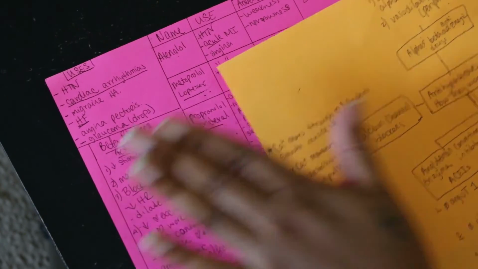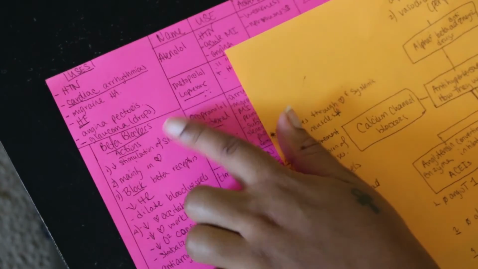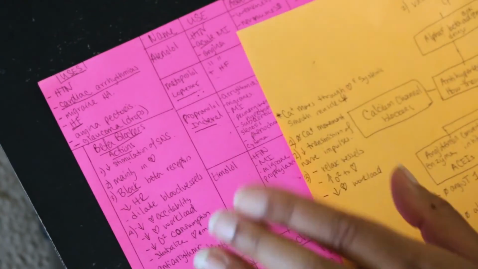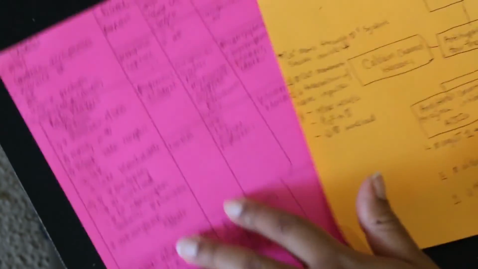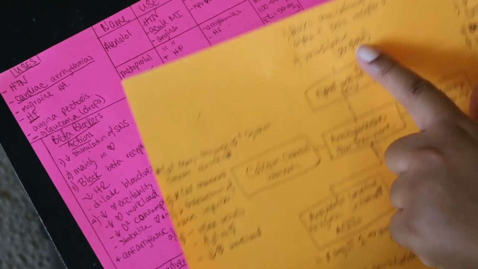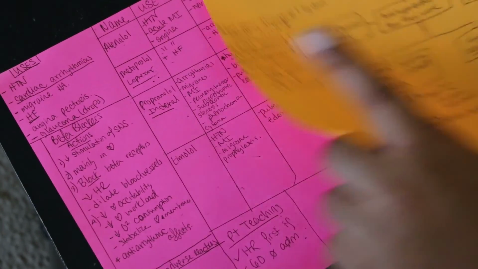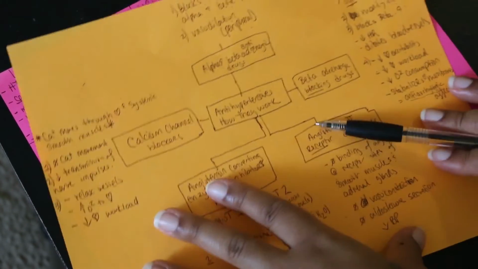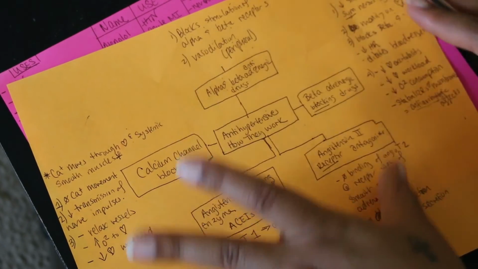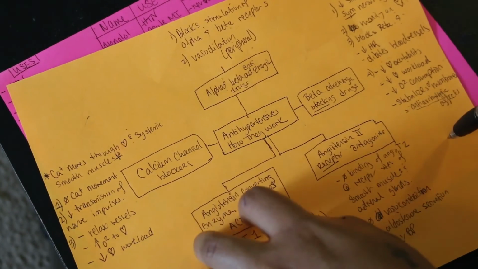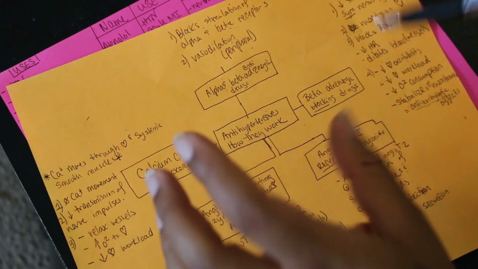So you have one for beta blockers, and one for calcium channel blockers, with the action, the uses, the common adverse reactions. Do the same thing for all of these, every last one. I just want to do it separately so that I can understand the action, because for me, action is so important when it comes to pharmacology.